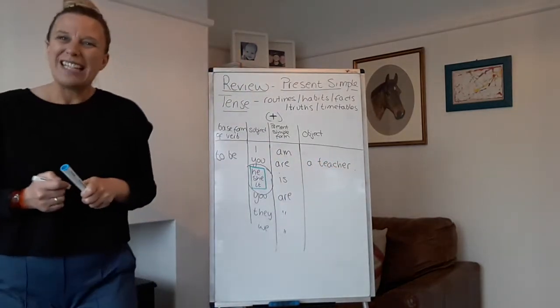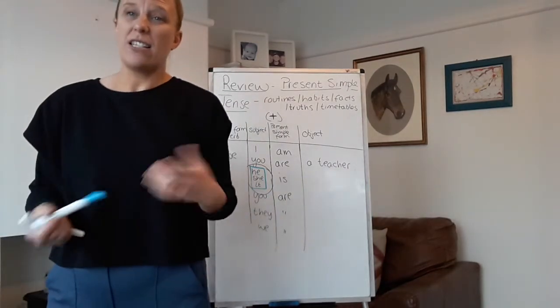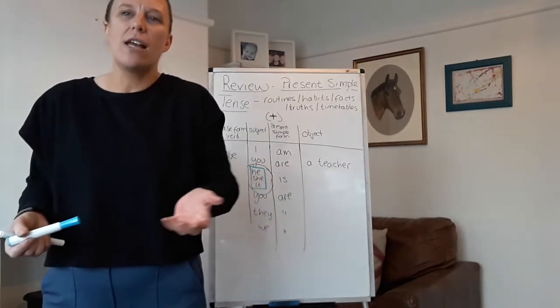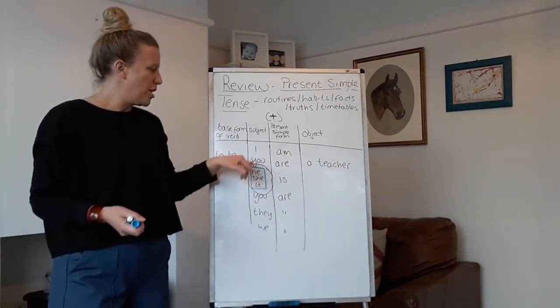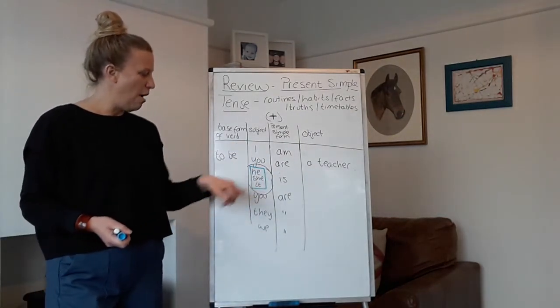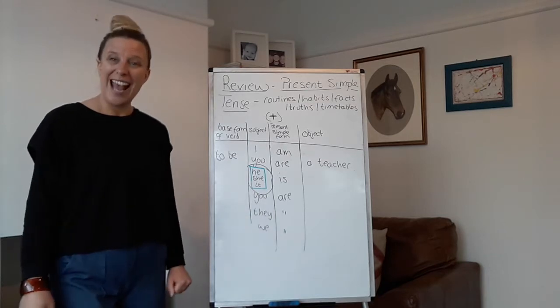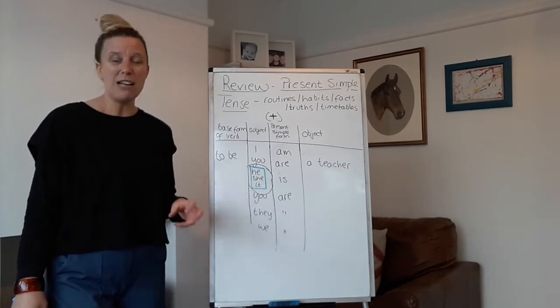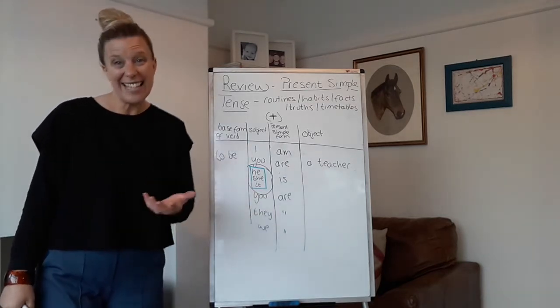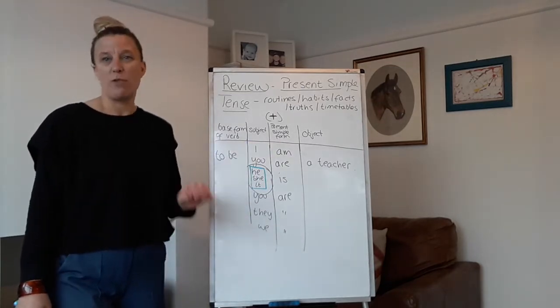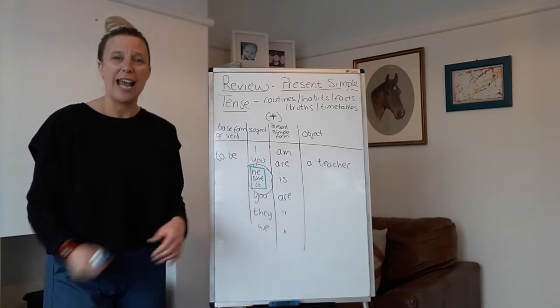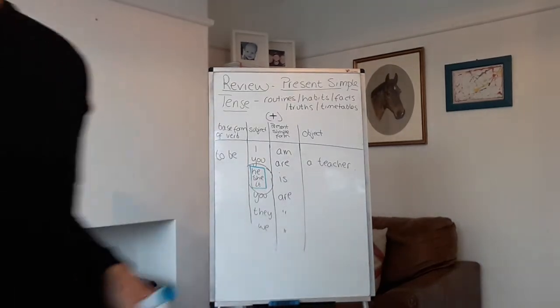So remember with be it's different. We don't add just an s. It doesn't become bees, I be, he bees. We just change it. So I am, you are, he, she, it is, you are, they are, we are. Okay? Really important to remember that. The other verbs we add s for he, she, it, but for be it changes, doesn't it, for the present simple. Okay? Right, I'm just going to quickly look at negatives.